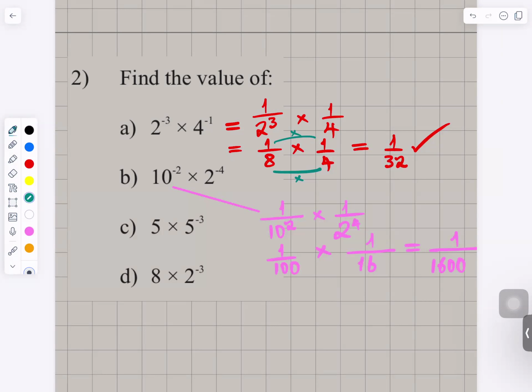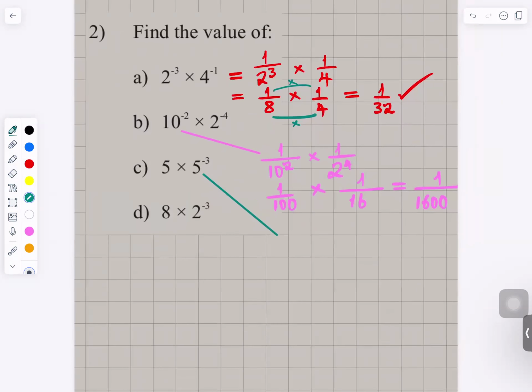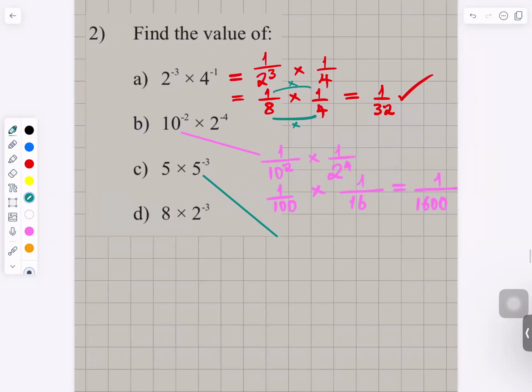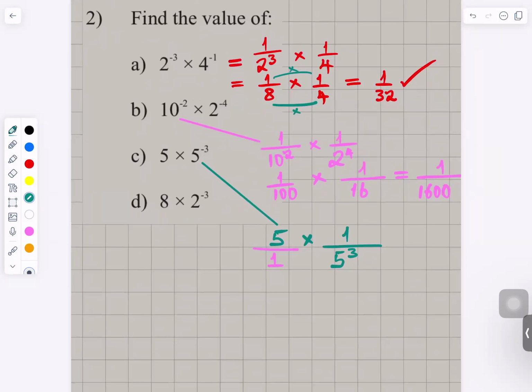Part C is the one that students tend to get wrong because they forget to write it out clearly. This is 5 times 1 over 5 cubed. Notice the 5 there is like 5 over 1. That's where students make a mistake. So it's 5 over 1 times 1 over 5 cubed, and 5 times 5 times 5 is 125.